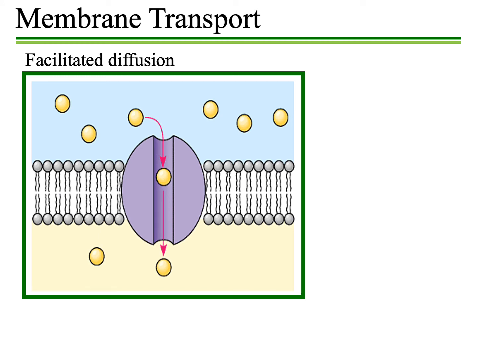However, with facilitated diffusion, there is a molecule that is usually referred to as a channel protein or a carrier protein that allows the molecule in question to pass through the membrane. So again, facilitated diffusion just means that there is some additional help, but the help is just in the form of forming a tunnel or a channel across the membrane. Diffusion is still the main concept that allows for this movement to occur.